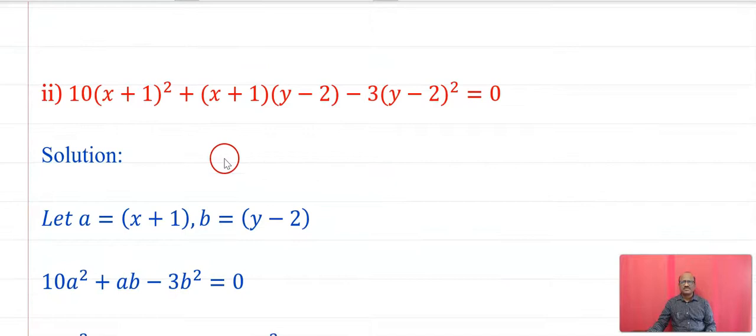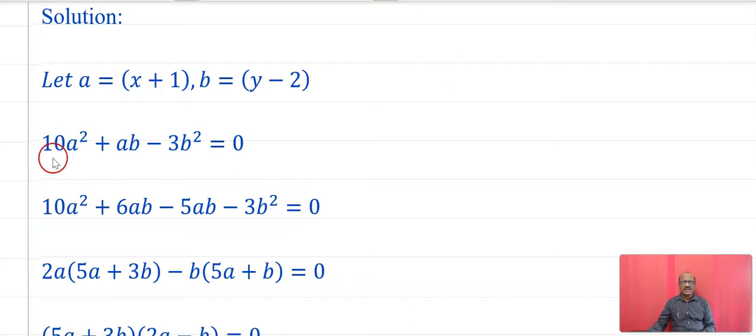Next is 10 in bracket x plus 1 bracket square plus x plus 1 into y minus 2 minus 3 in bracket y minus 2 bracket square, that's equals to 0. Now again here we write x plus 1 as a and y minus 2 as b. Then we can write 10a square plus ab minus 3b square.